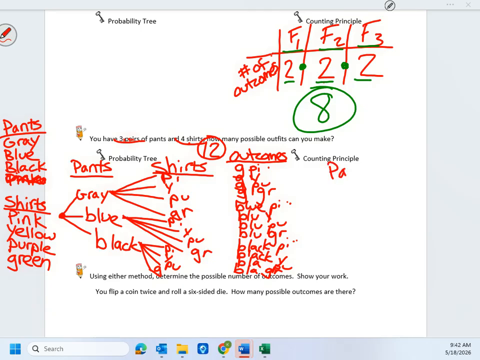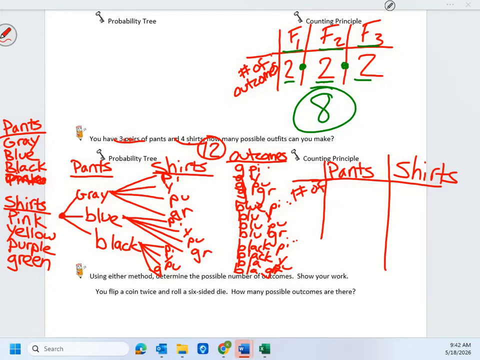We've got pants and we've got shirts. And then over here we say number of outcomes. How many possible outcomes are there with the pants?